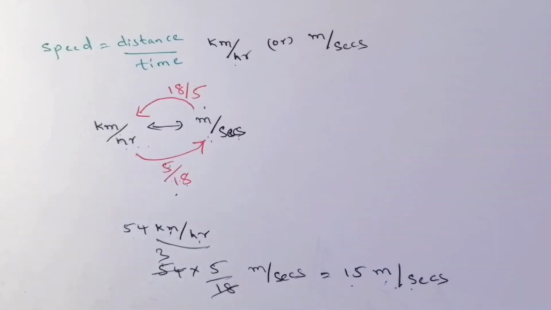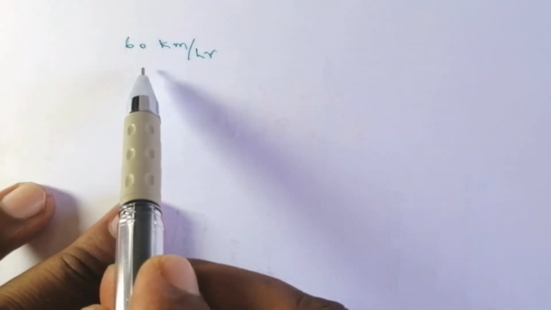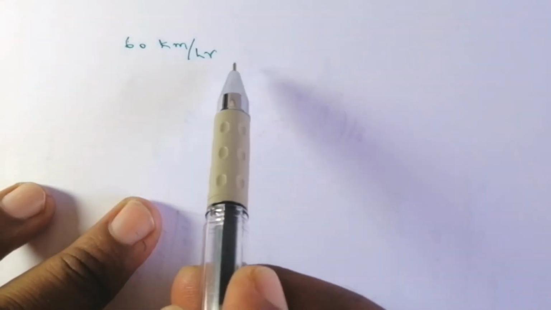And remember, every time we should focus on shortcut methods. Suppose a car is moving at a speed of 60 kilometer per hour, and the question asked is: how much time does it take to complete 30 kilometers?